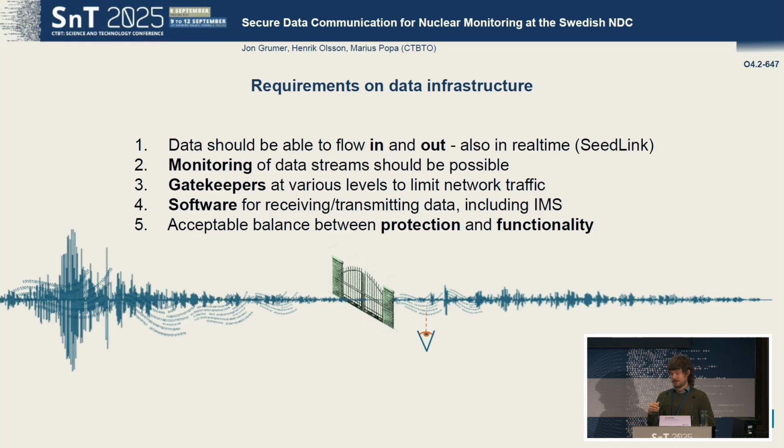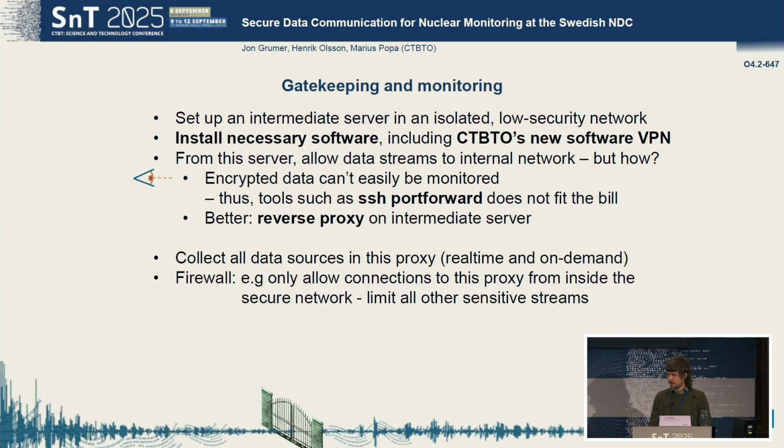And speaking of IMS and GCI, you also want software to receive this data, and other software needed, like a SeedLink client and server. In the end, you need to find a good balance between protection and functionality, because you want to work with this data to a satisfactory degree, otherwise it's not worth it.